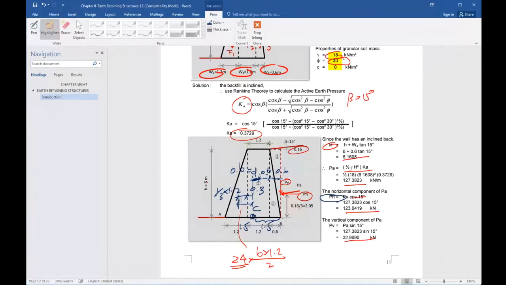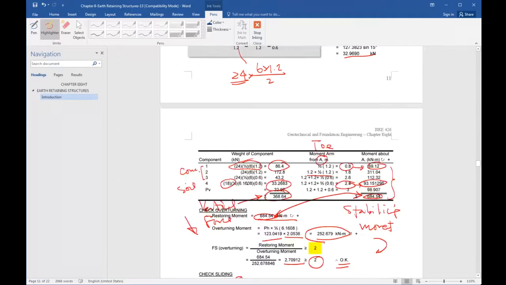Yes, it's equal to 0.3. Why? Because from this point up to there is 1.5, right? 1.5 minus 0.6 is equal to 0.3. Okay?